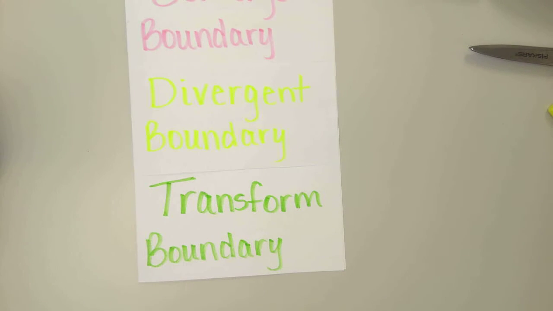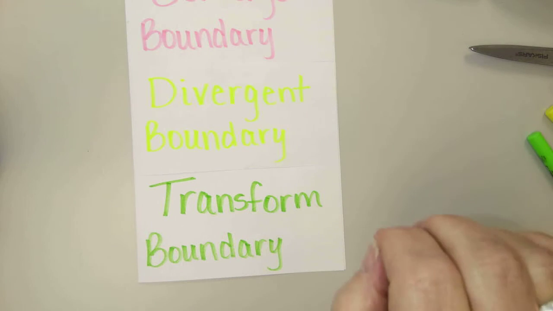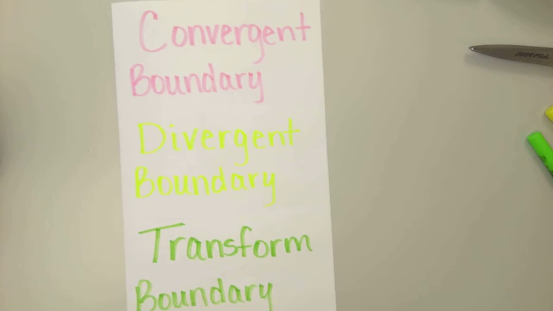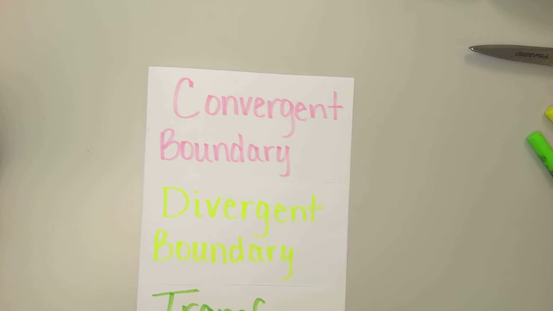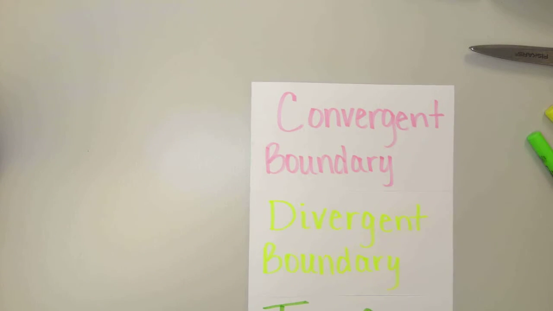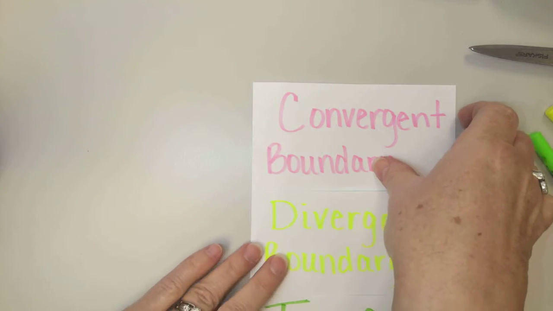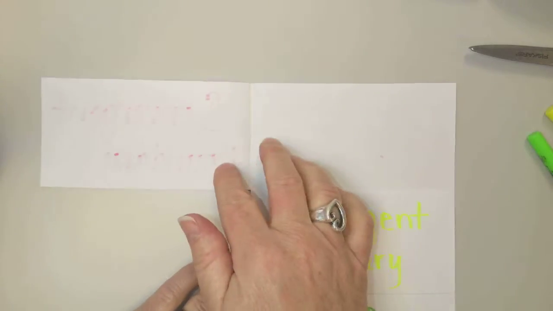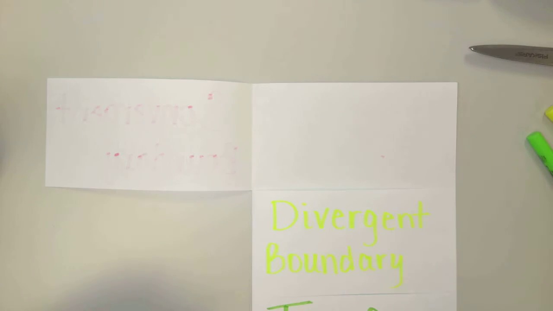Transform boundary. Okay, so now we're ready. Let's go ahead and talk about what makes each of these types of boundaries. So let's look at the first one, which is the convergent boundary. Open up the flap, and we'll record the information inside.